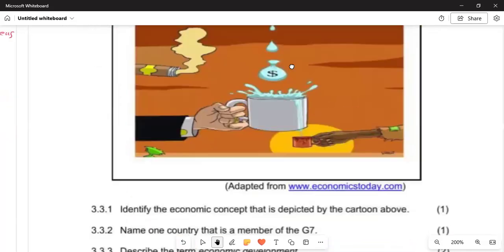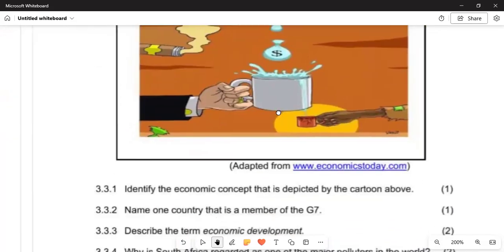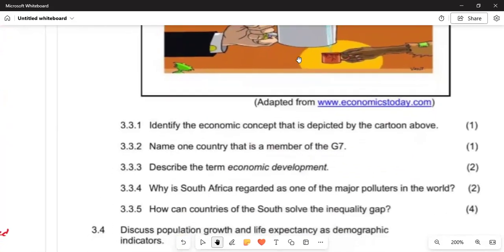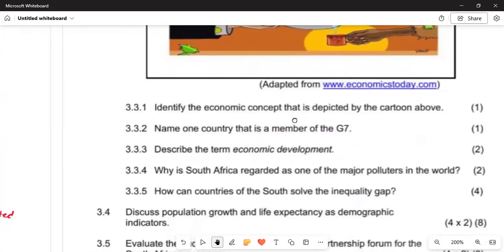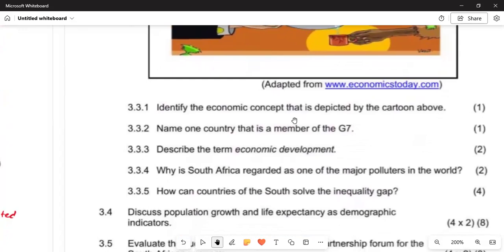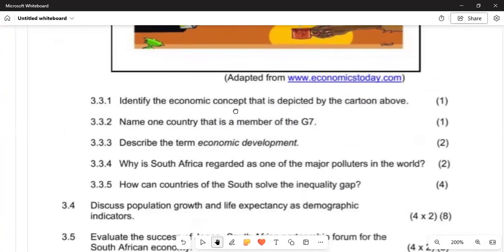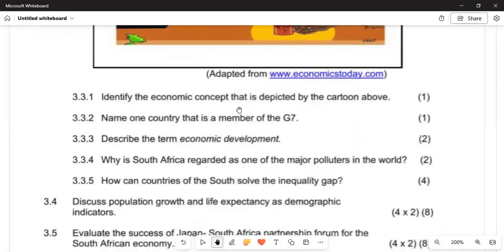The first question says, identify the economic concept that is depicted by the cartoon above.